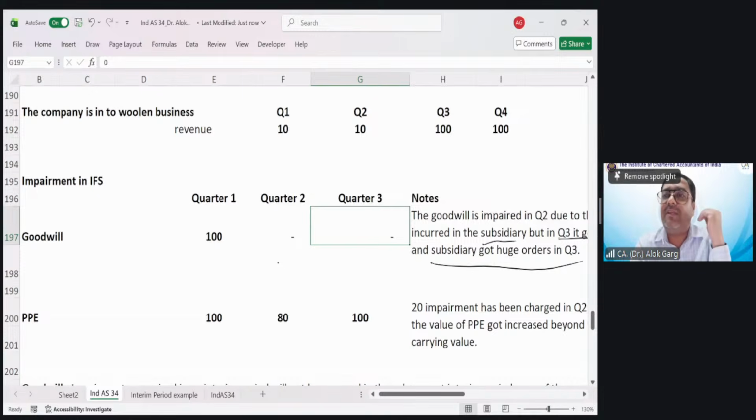So what people were thinking is that it is talking about when goodwill is impaired in one year, it cannot be reversed in the next year. But if a goodwill is impaired in a quarter, they were restating the goodwill in the next quarter because they were saying it is in the same year.